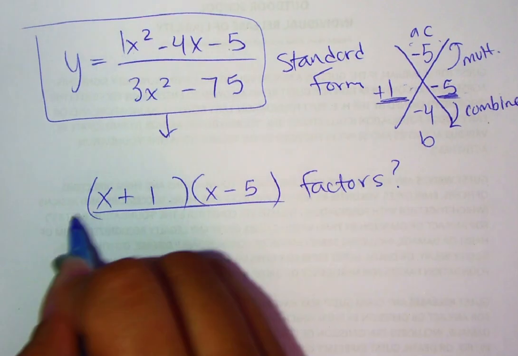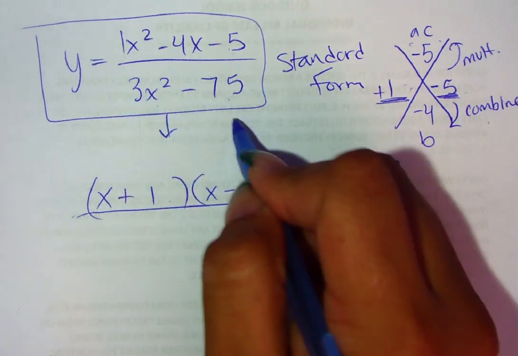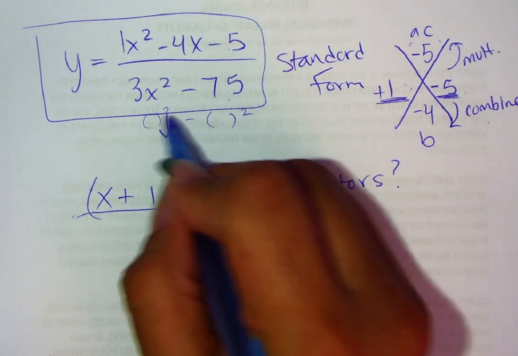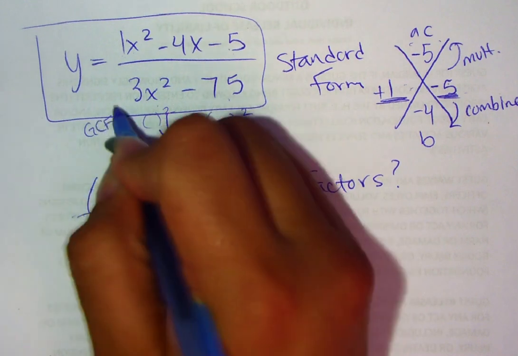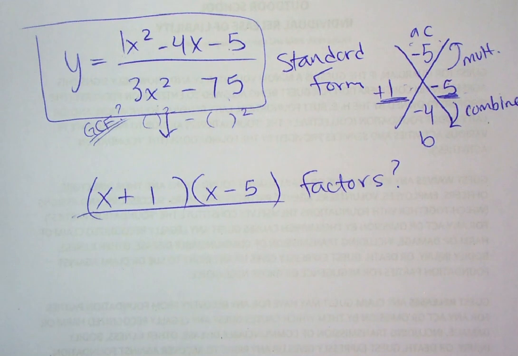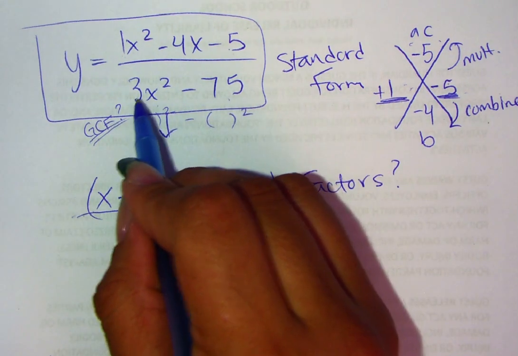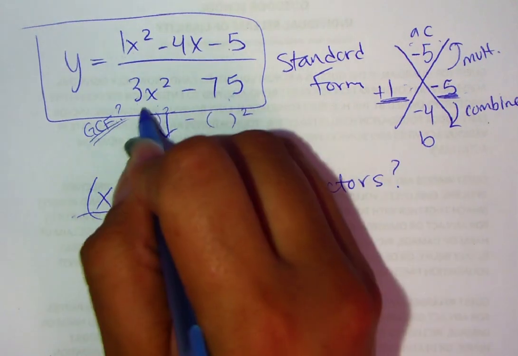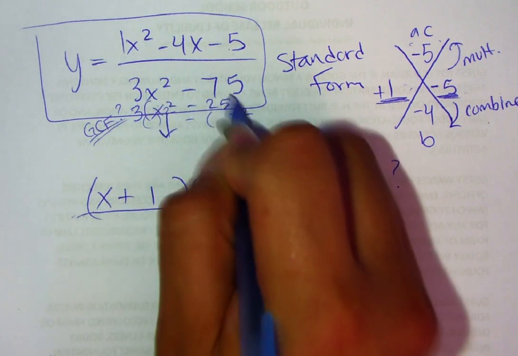On the denominator, we have a binomial. So when we have a binomial, we need to check if it's difference of squares. And if you think about it, here we first need to do a GCF. GCF is always the first step before any other step in factoring. So 3 is a factor on both of these. So we can do GCF of 3, which will result in 3 times x squared minus 25.